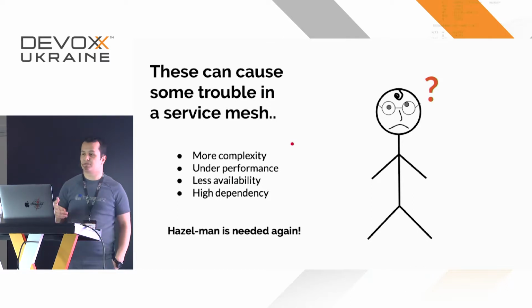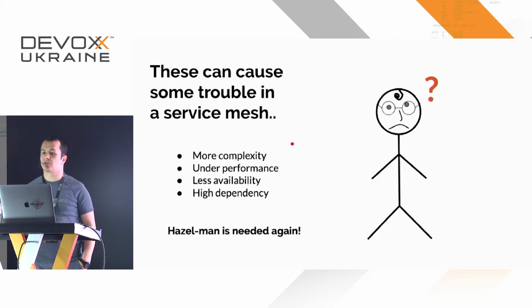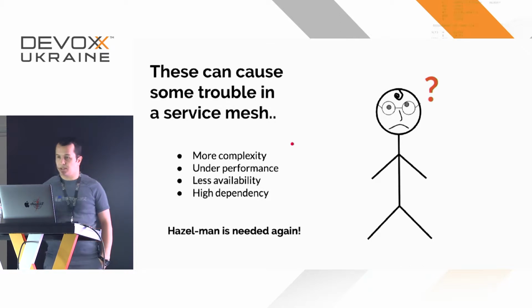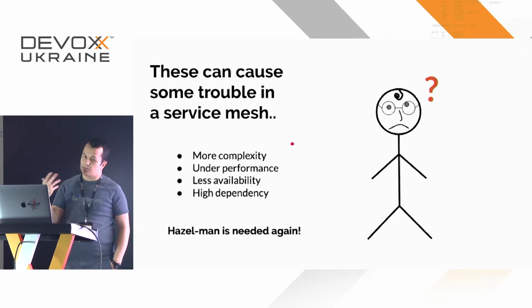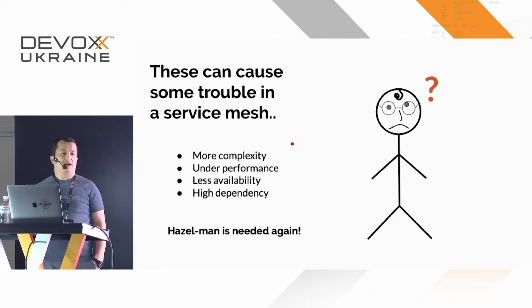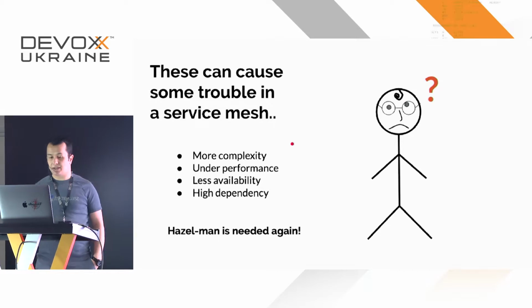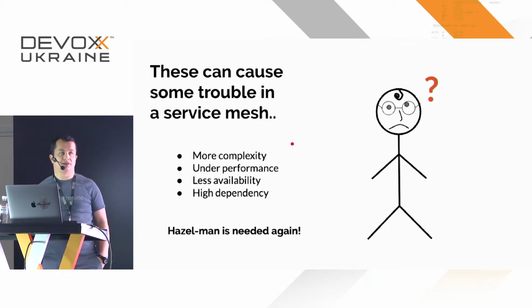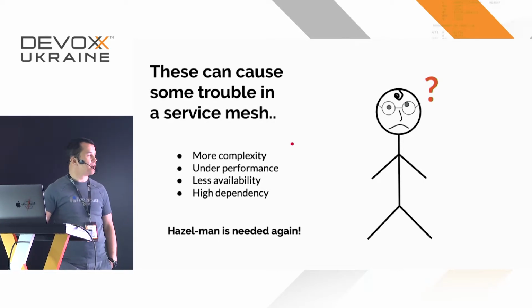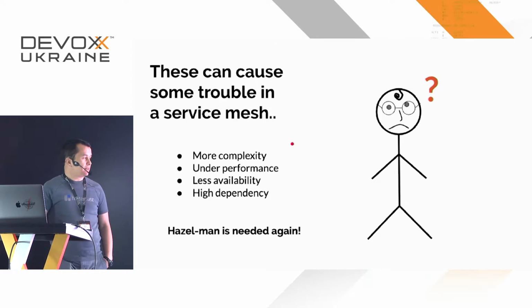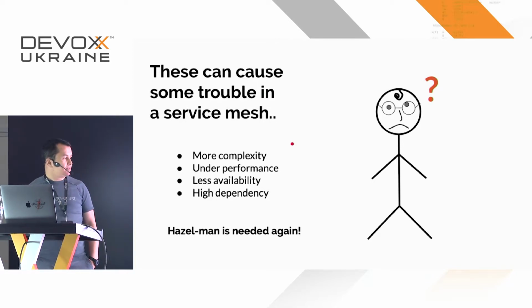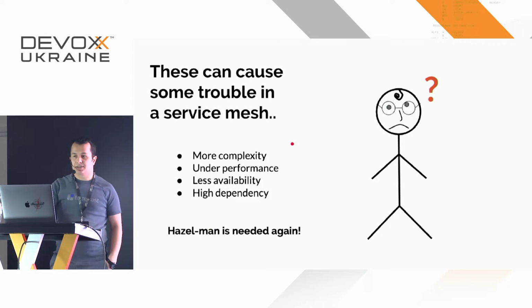Firstly, it comes with more complexity because you need to figure out the problems, so you need to add more complexity. And the service you are providing might perform less than expected, and the availability may be lower, and there can also be high dependency. So Hazel-man is needed again.